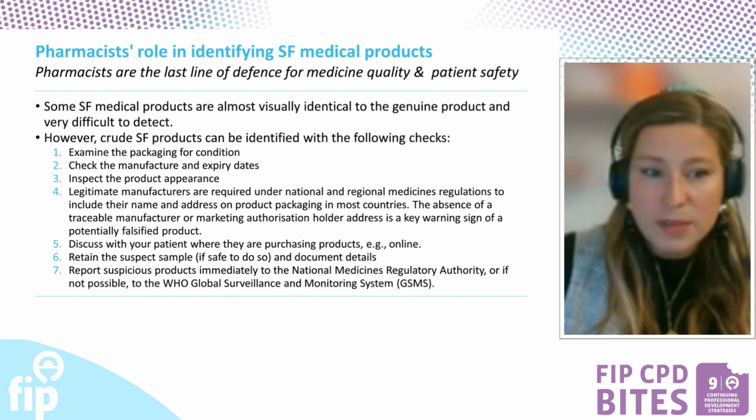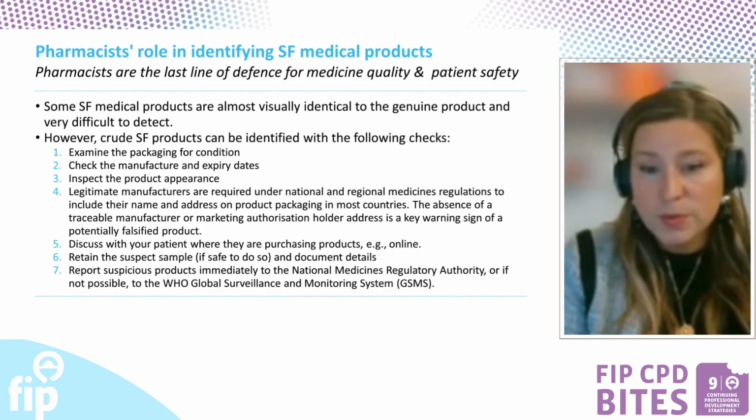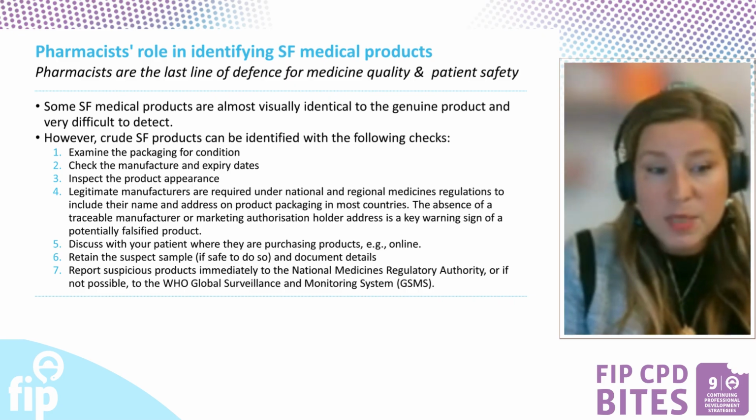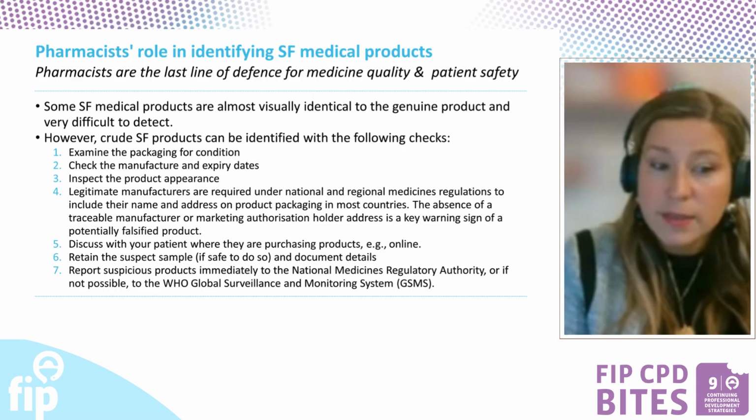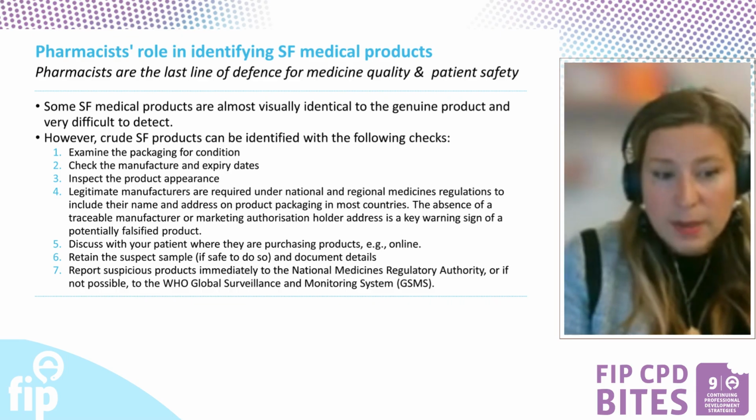And just like any pharmacist conducting an accuracy check, we would always be looking for the expiry dates and manufacturer details. Legitimate manufacturers are required under national and regional medicines regulations to include their name and address on product packaging in most countries. The absence of a traceable manufacturer or marketing authorization holder address is a key warning sign of a potentially falsified product. And finally, do discuss with your patient where they are purchasing their products.